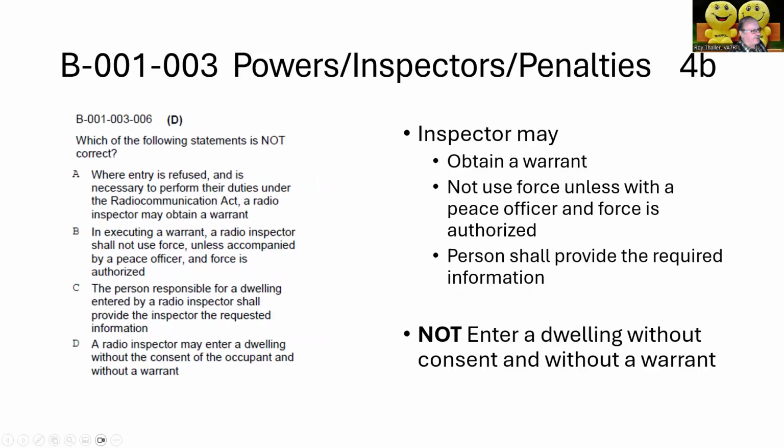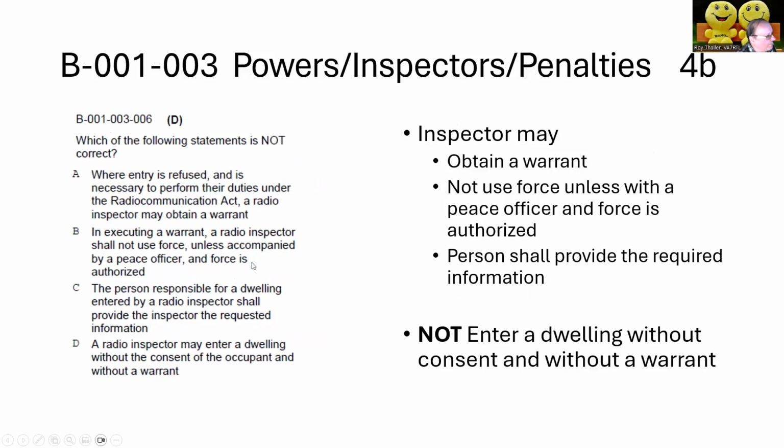So here's another question, and it has to do with which one of the following statements is not correct. Where entry is refused and is necessary to perform their duties under the Radio Communication Act, a radio inspector may obtain a warrant. That is true. In executing a warrant, a radio inspector shall not use force unless accompanied by a peace officer and force is authorized.